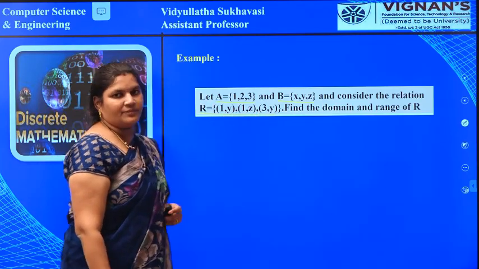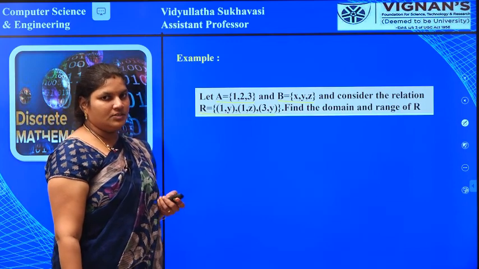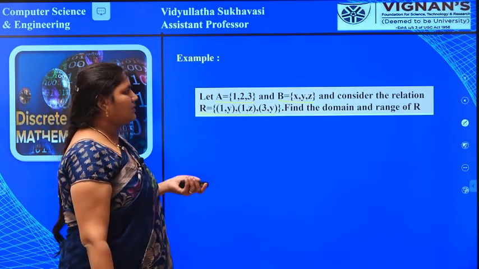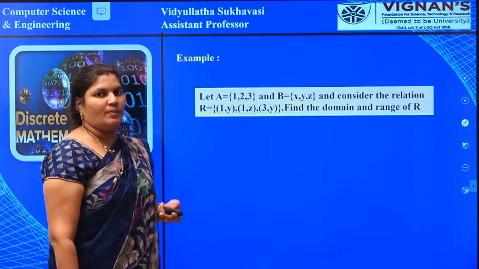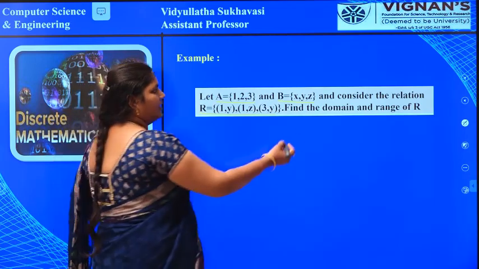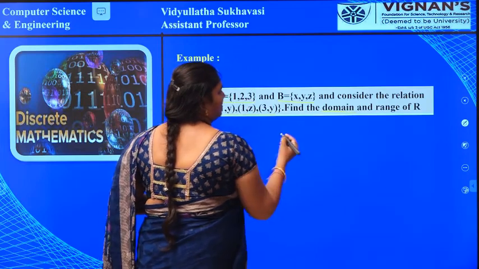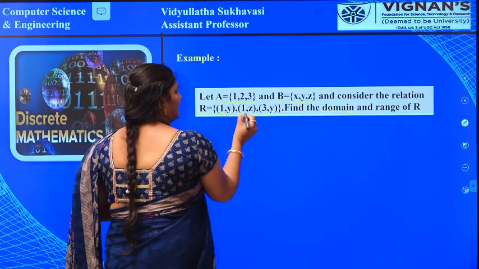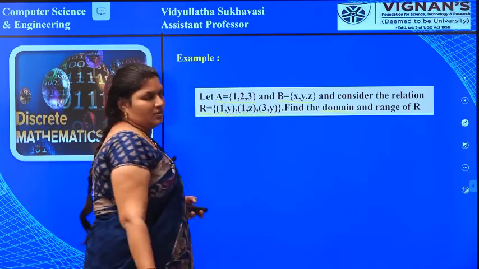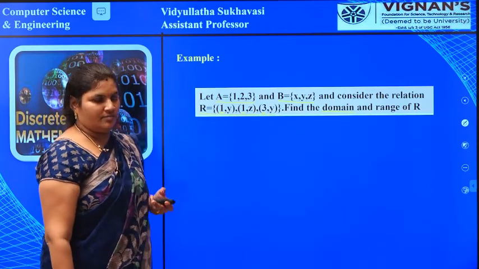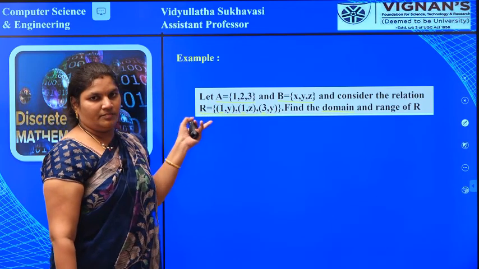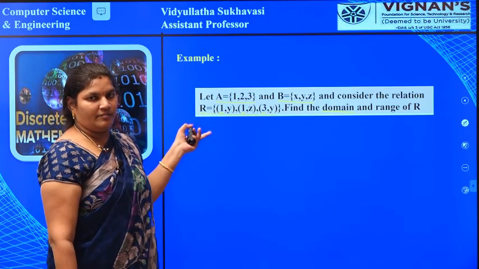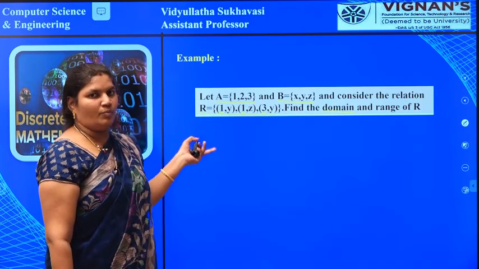These are the ordered pairs we have in the given relation R. From these sets and the relation, how do we calculate the domain and range? The domain of the relation R means the first element of the ordered pairs will come in the domain.